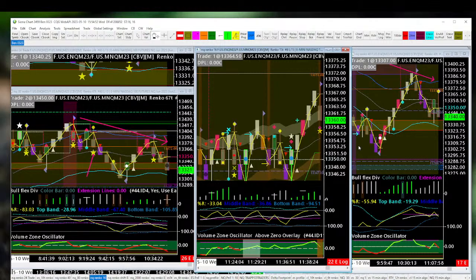What's beautiful about the percent R is that the close of the Renko bar is always at the high or the low. It's never in the middle. That means the percent R on the Renko chart is taking into consideration the entire range of that bar, right? It will always be on either the high or the low. It will never be in the middle.